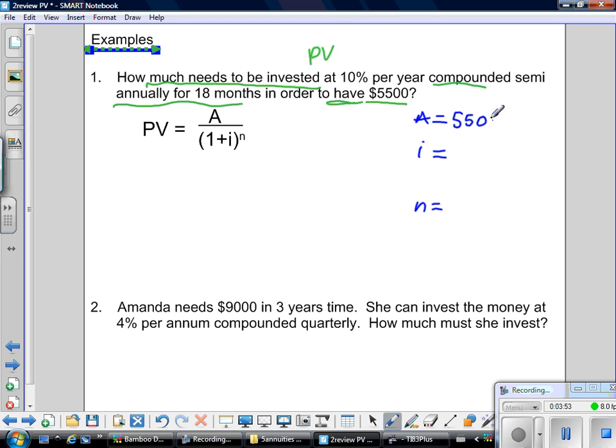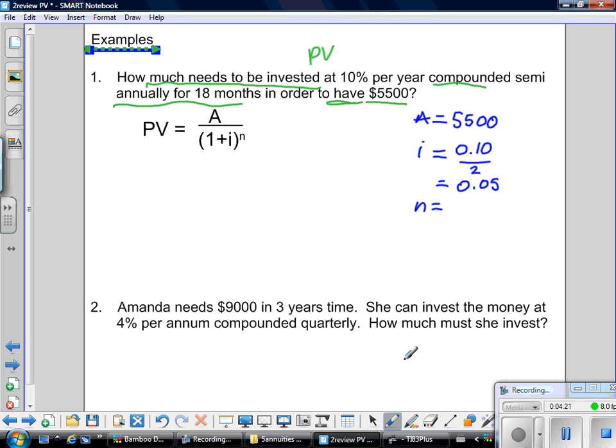My interest rate per compounding period: I have 10% and I'm compounding semi-annually, and if you remember, that is 2 times in 1 year. Because that number is easy enough for me to work with, I'm just going to divide it by 2. And then I have my n. My n is 18 months, semi-annually.